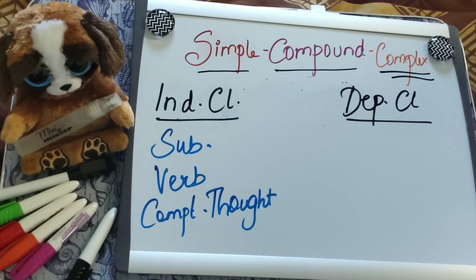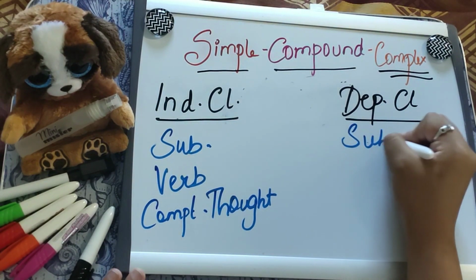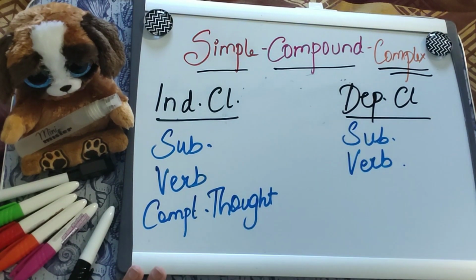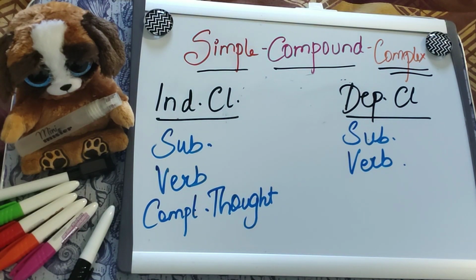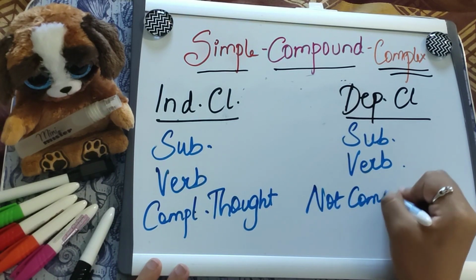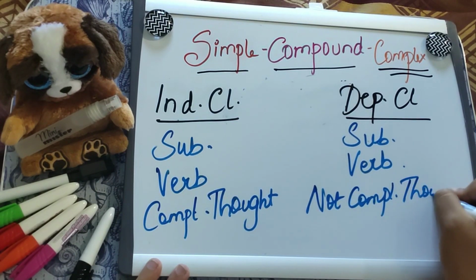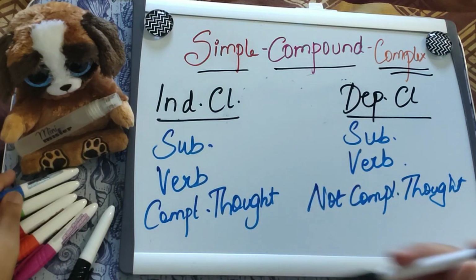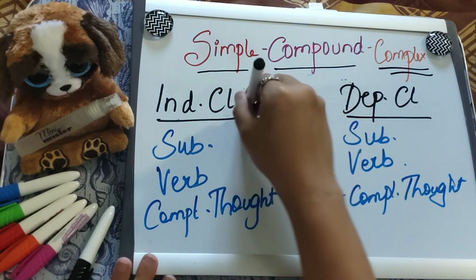A dependent clause also has a subject and a verb, but the main difference is the thought is not complete. So that is the difference between independent and dependent clauses. Now we will provide an example of each in order to understand it better.